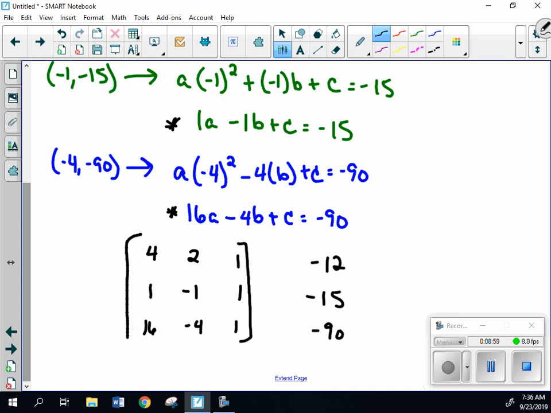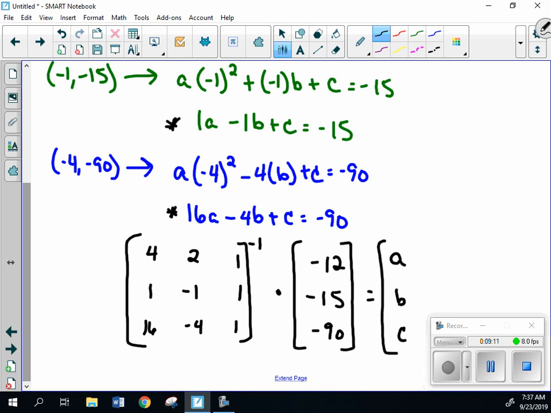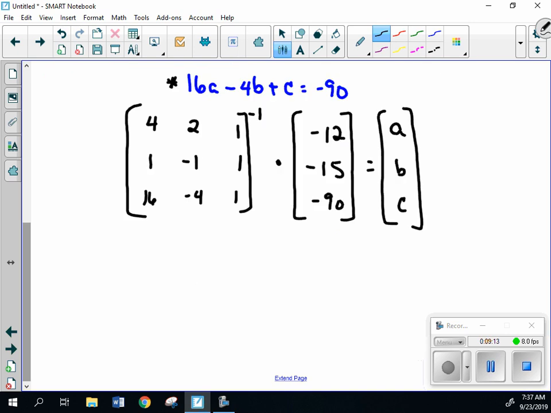Using my matrices here, I have a system of equations that I can now solve, which is going to give me my A, B, and C, which is going to give me my equation. So I could go to desmos.com/matrix in order to calculate this and get my A, B, and C. When I plug this in, I get my A value to be negative 4, my B value to be 5, and my C value to be negative 6.